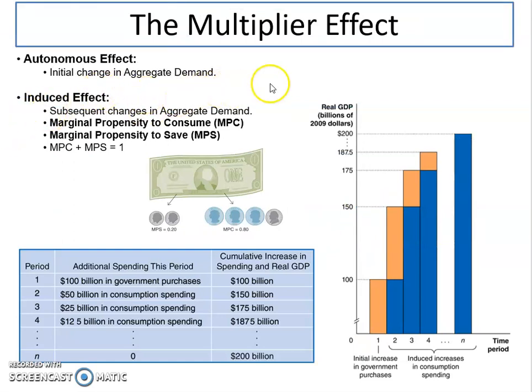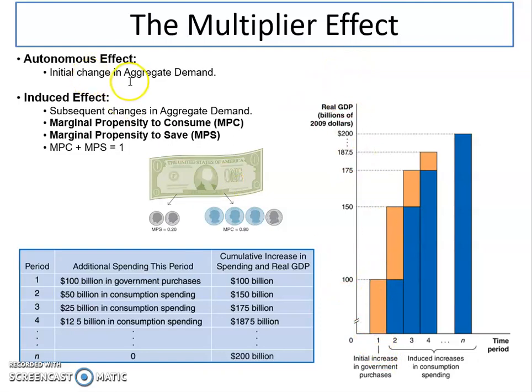The autonomous effect is pretty straightforward. If the government puts $100 billion in new purchases in the economy, there's $100 billion in new aggregate demand. You can see that in this table here, row 1, and you can also see it over here in this time period graph. Time period 1, $100 billion is being put in the economy.